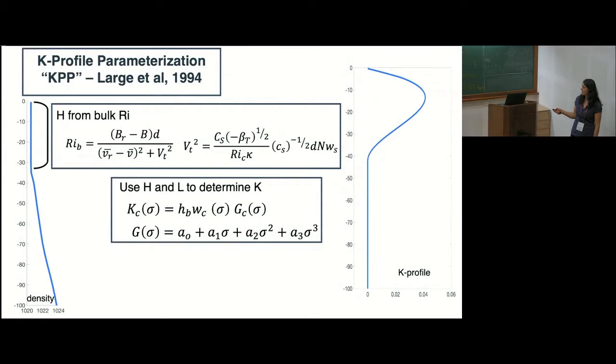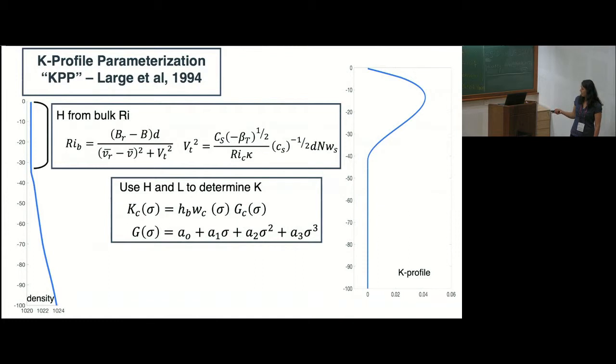I'm not going to go into the details now, but one thing to notice is that the shape function, which is G, is a polynomial, and that's what's going to set this curvature. So the characteristic of the KPP profile parameterization is that it's always going to have this sort of shape function to it.